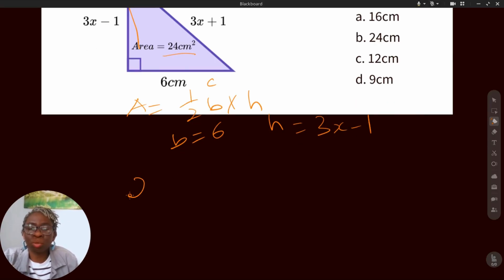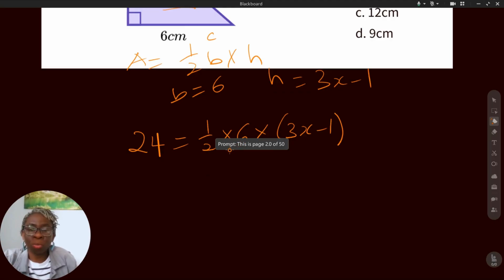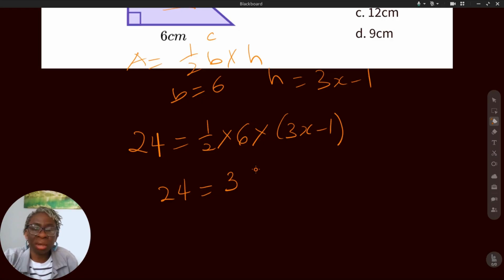So this shows that we'll be having 24, which is the area, and it will be equal to half times what is the base? 6. And what is the height? 3x minus 1. So let's simplify this. 24 will be equal to 3 bracket 3x minus 1.